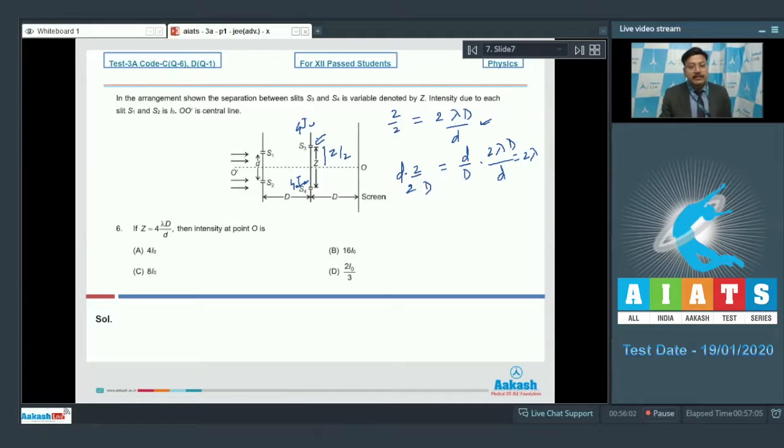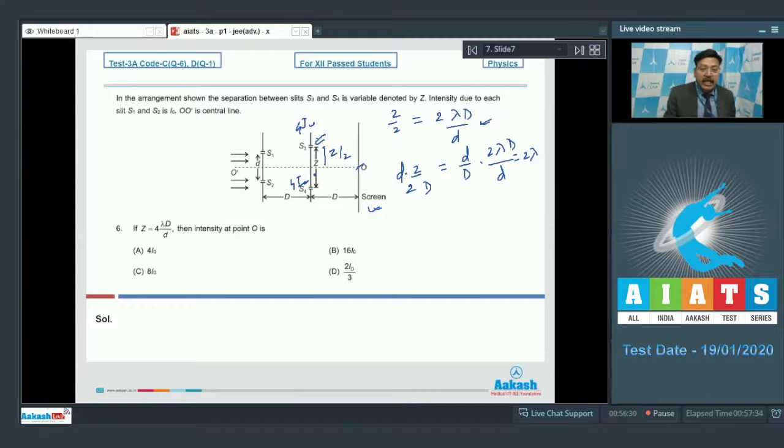Now if we consider that on this screen intensity due to each slit is 4I0, then at point O obviously the path difference is 0 and there is going to be constructive interference at O also. So here the intensity will be 4 times the intensity due to each of these slits S3 and S4 because of the constructive interference, right?